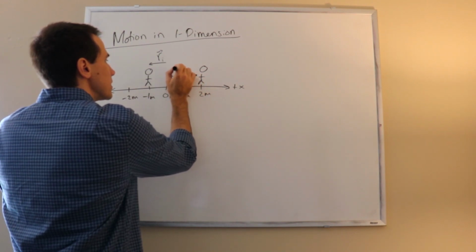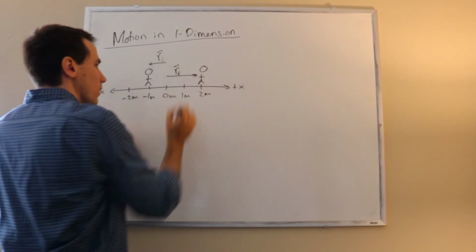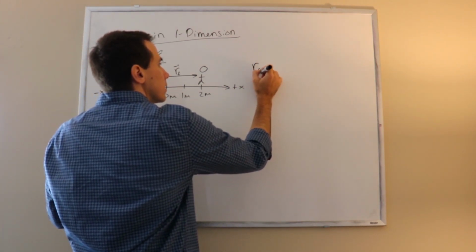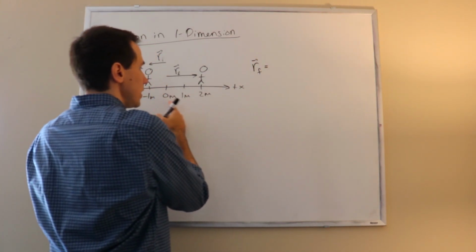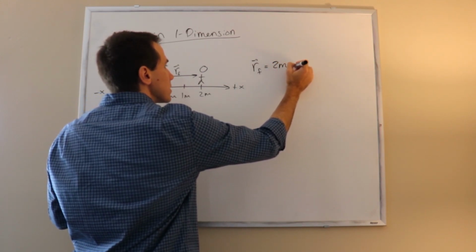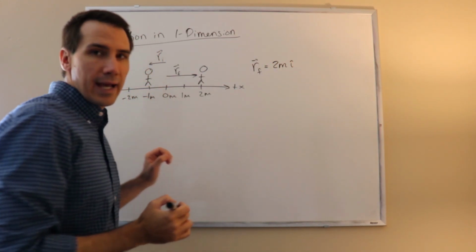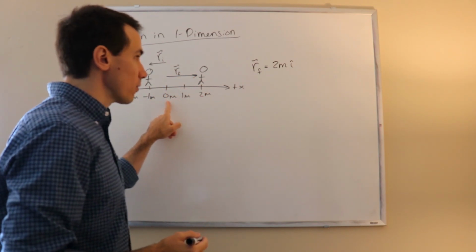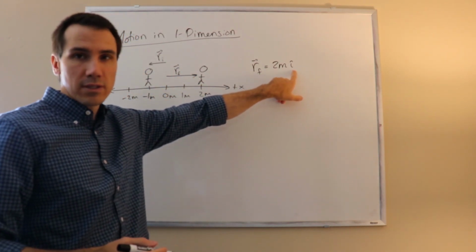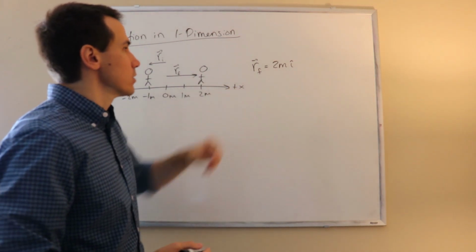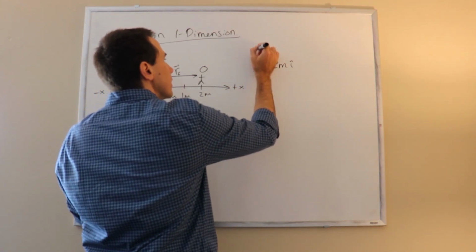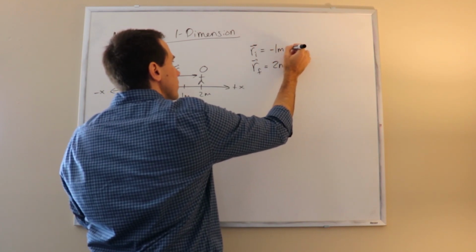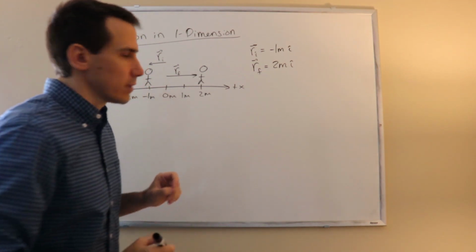My final position vector, which I will write as r sub f, is going to be 2 meters in the i hat, or x direction. So to get to my final position, I start at the origin and I walk 2 meters in the x direction. And then, of course, I have my r initial vector, which is -1 meter in the x direction.